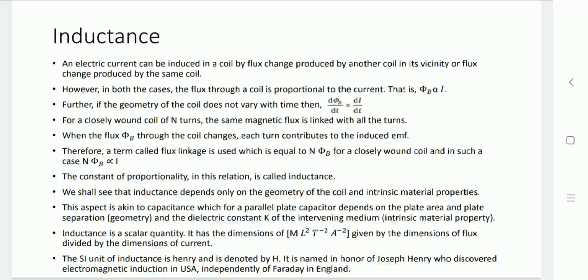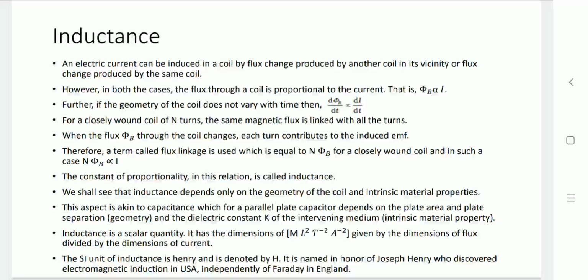So the number of turns times the flux we define as N phi B, which is known as flux linkage. In one turn the flux is phi B, and there are N turns, each with phi B flux. Combined, N phi B is defined as the flux linkage for the closely wound coil.